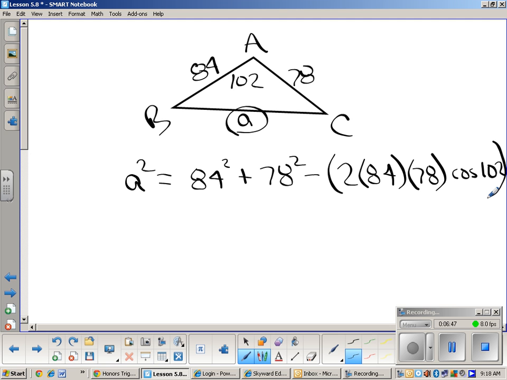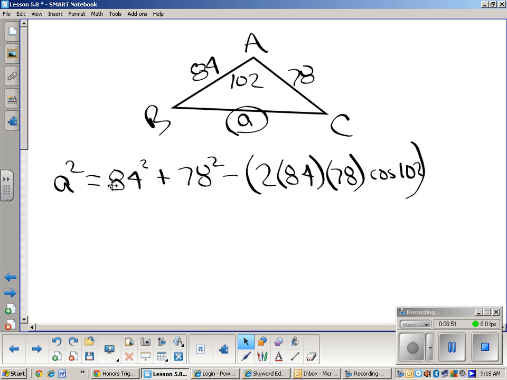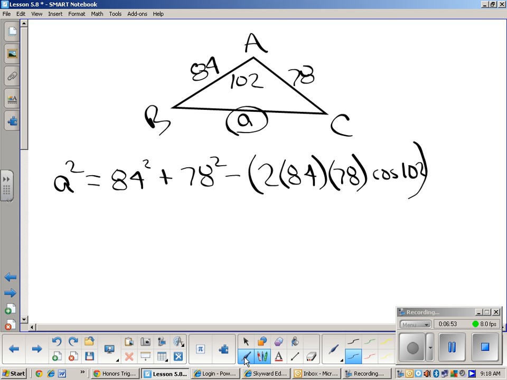Okay? And so A is going to equal the square root of all of that. You can just do that. A is going to equal the square root of all that.